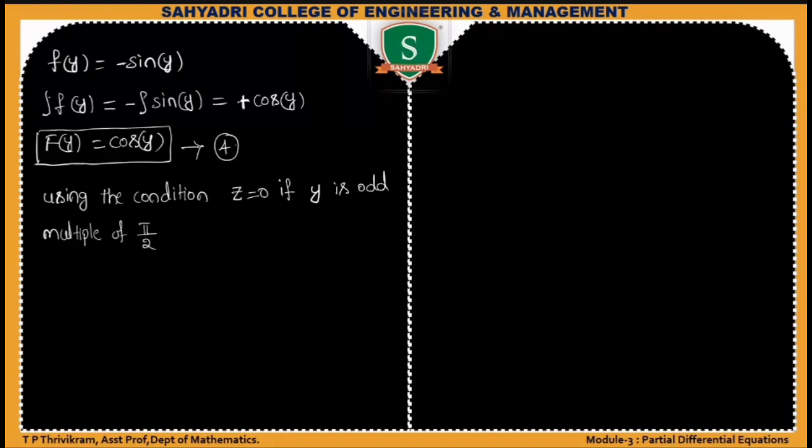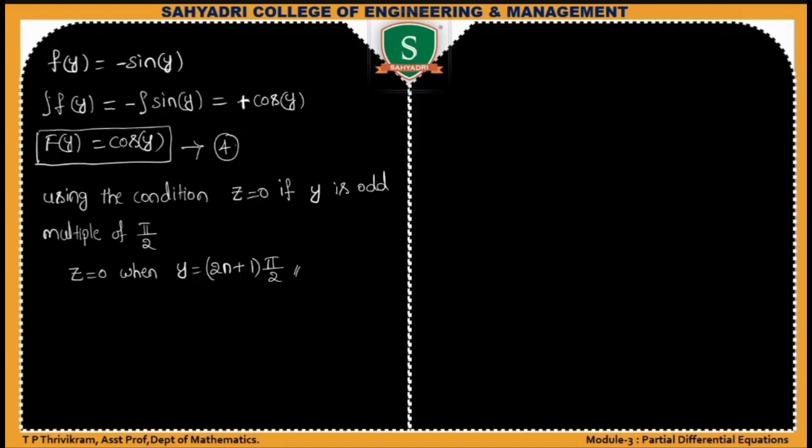So the condition is z is equal to 0 when y must be an odd multiple. An odd multiple I can write as (2n+1) pi by 2. So 2n plus 1 represents an odd number.